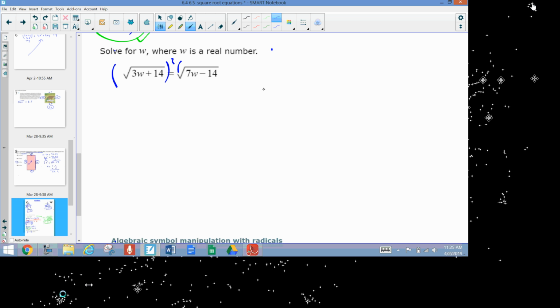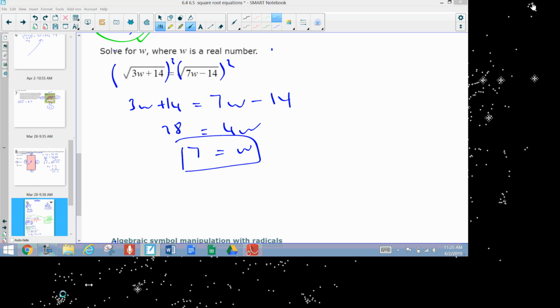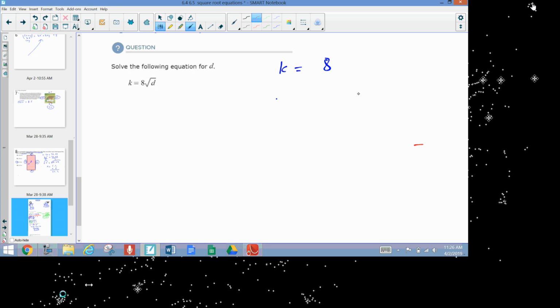You are going to take the square of both hand sides. K is equal to 8 times root p. Since this is multiplication, you know the inverse operation of it. Divided by 8. And root p is equal to k over 8, correct?